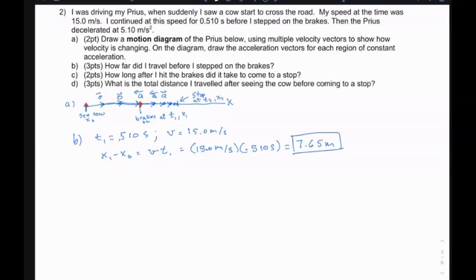In part C, how long after I hit the brakes did it take to come to a complete stop? Well, I do not know what the displacement is, but I know what the final velocity is. The final velocity is 0.